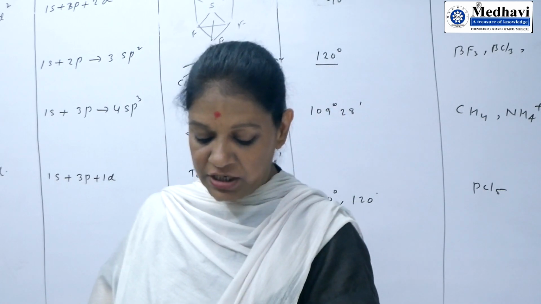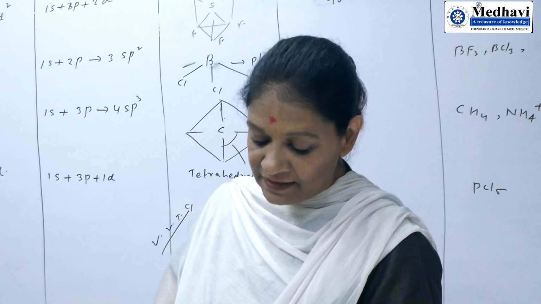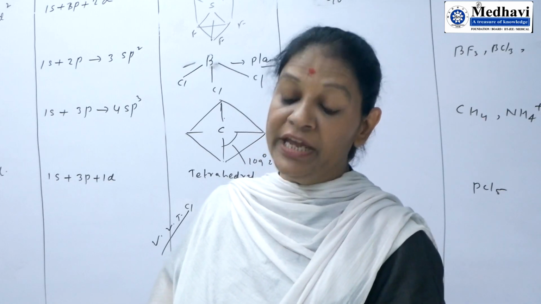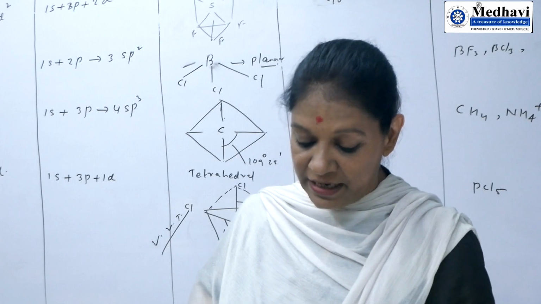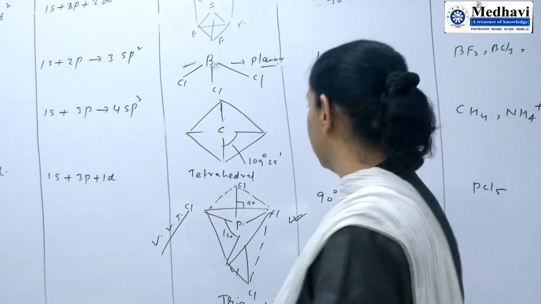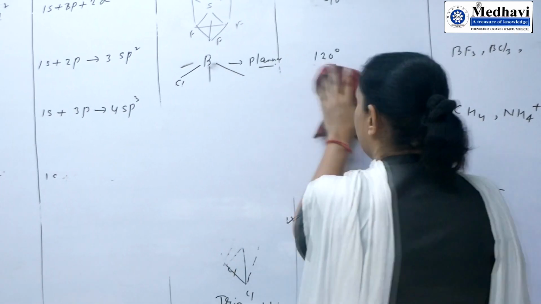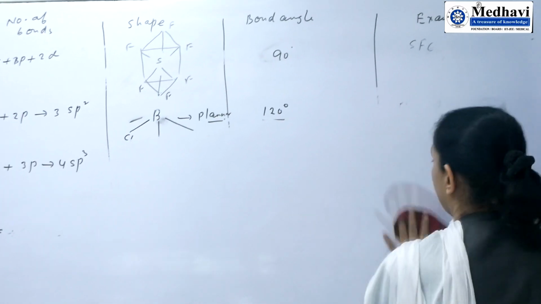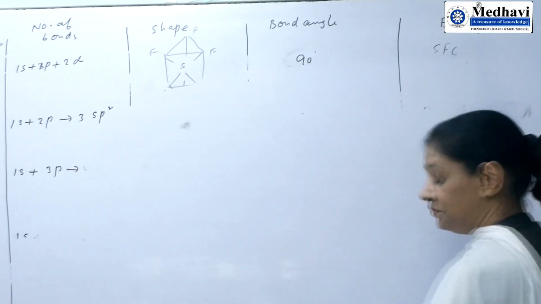Describe the hybridization in case of PCl5. Why are the axial bonds longer as compared to equatorial bond? This question I have taken from Chemical Bonding and Molecular Structure Standard 11 book, and this question is very important that you have to explain hybridization of PCl5 and you have to explain types of bond that will develop in PCl5.